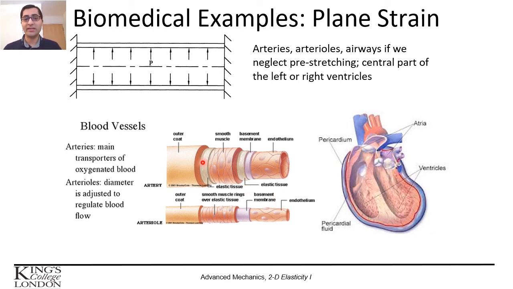Calculating the stress and strain in the blood vessels can be easily done by a plane strain assumption, because they're long and the only force acting on those organs is the blood pressure, which is radial, perpendicular to the axis of the vessel.